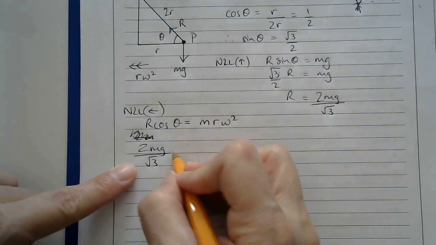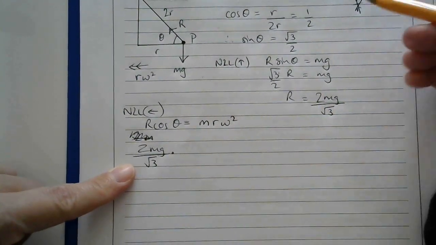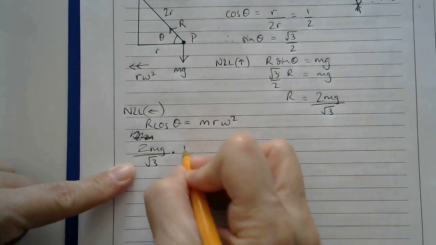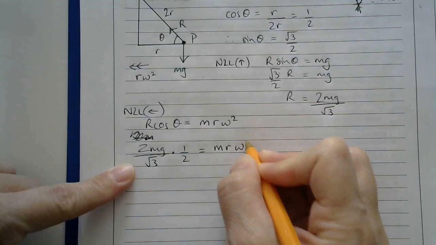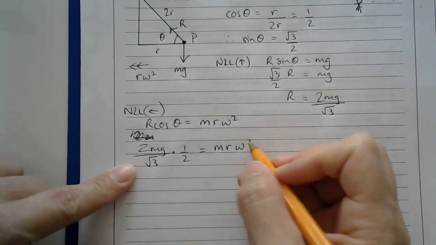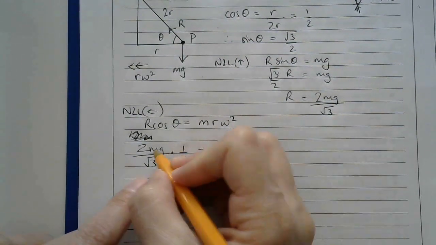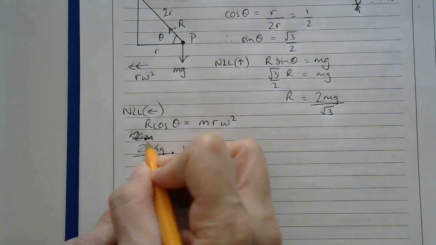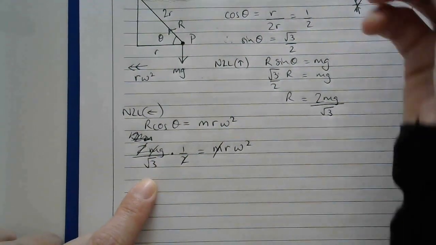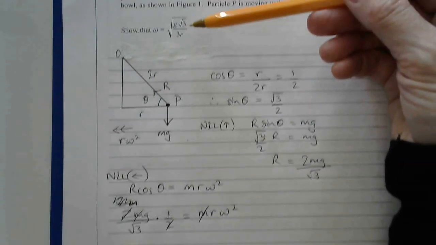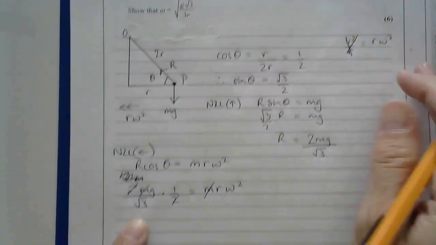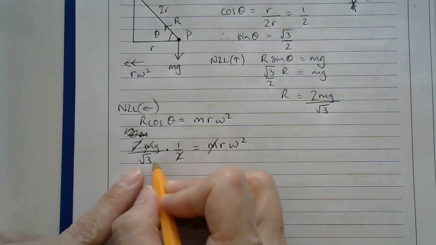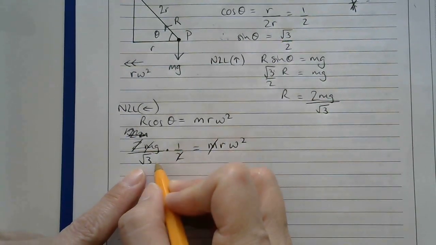That's R multiplied by cos theta, and cos theta I worked out to be a half, is equal to m r omega squared. So I can see that the m's cancel, I can see that these 2's cancel, and in order to get what they wanted, I need a root 3 on the top and a 3 on the bottom. So I can multiply top and bottom of this by root 3.